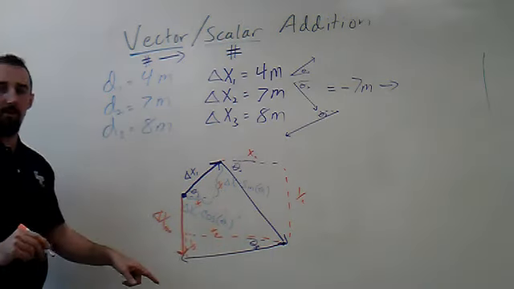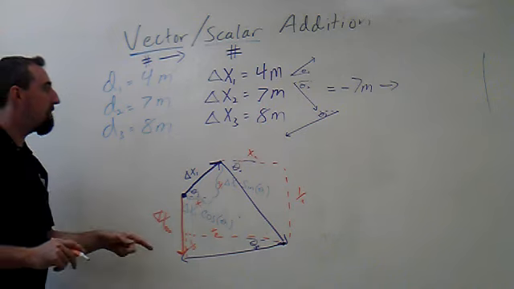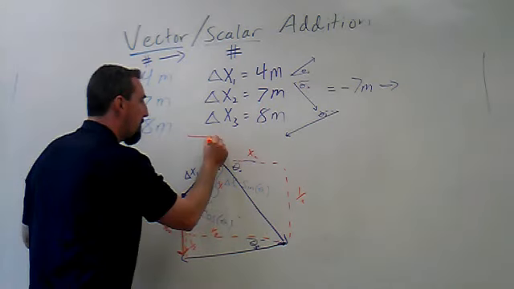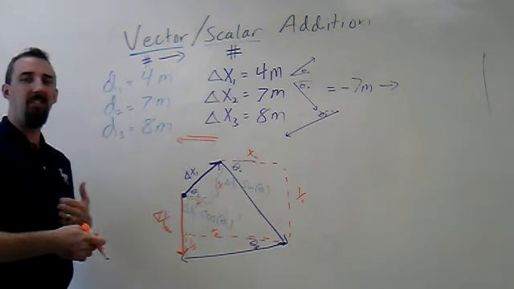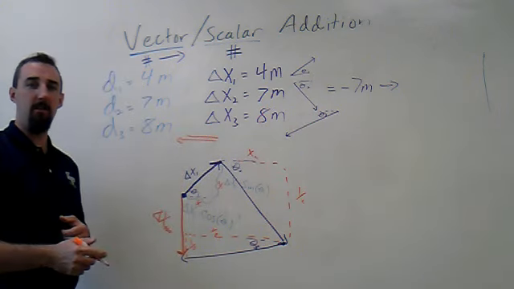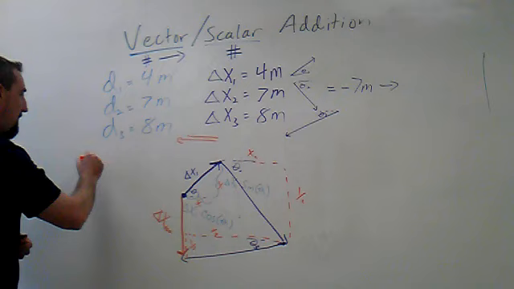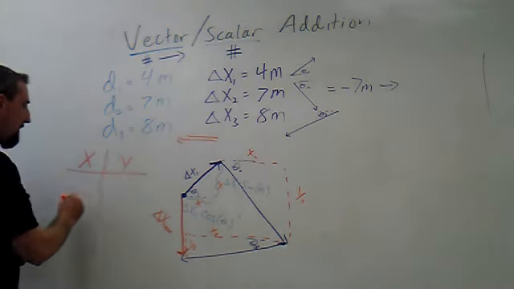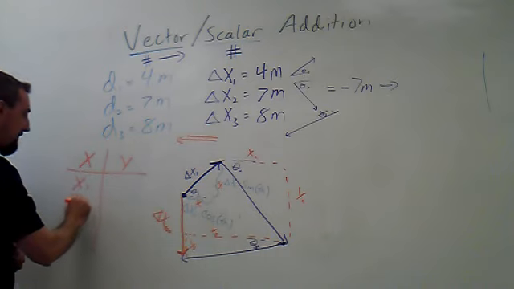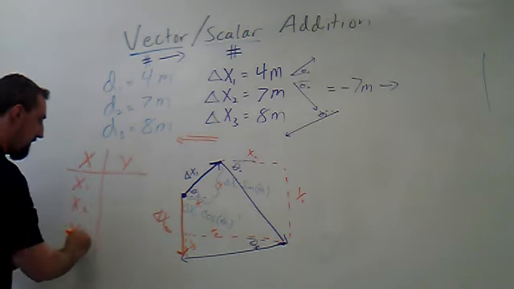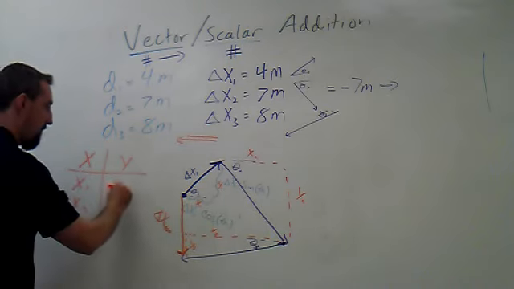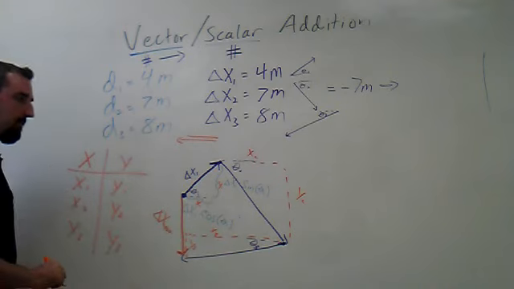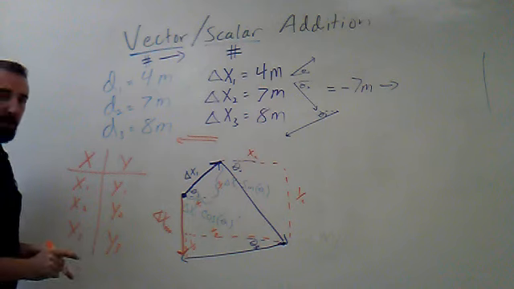Now, why do we need all those? Well, the same reason that our first problem was really easy. If you're going forward and backward on the same line, it's just simple addition and subtraction. So we can make a table, our x's and our y's, and we can put x1, x2 and x3 in this side, y1, y2, y3 on this side. Let's see if they should be positive or negative.